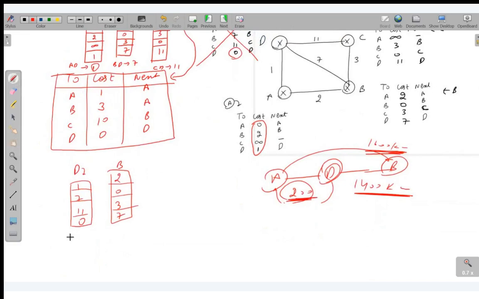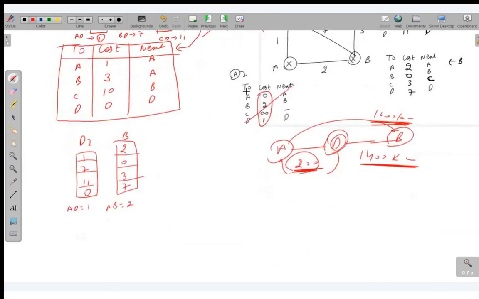So A to D cost is 1. A to B cost is 2. So now I will prepare fresh. It will discard the old one. It will make a fresh table. Next A, B, C, D.